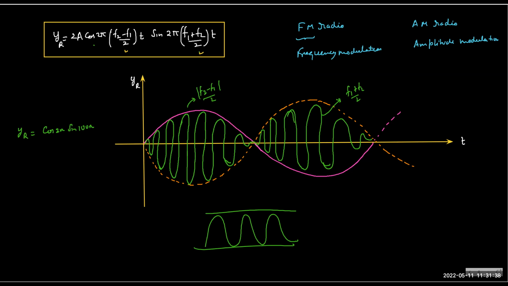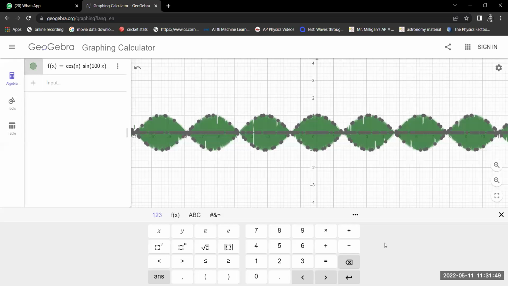Okay, so you can see clearly. It's a fairly high value. Let me make it less so that you can see first.